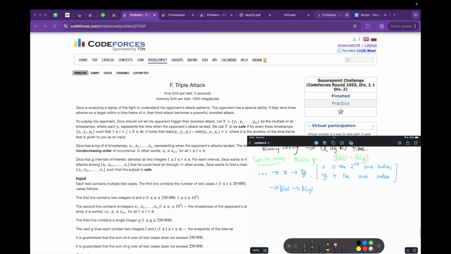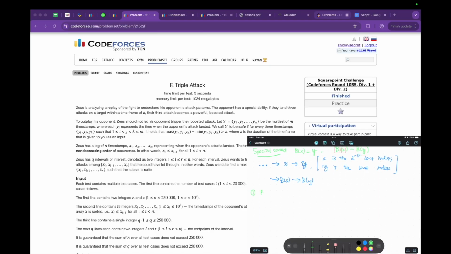So the first special case, bx equals y. If bx equals y, what would be our replacement sequence for this sequence? So it's no longer bx and by, right? Instead of bx and by, our sequence would look like that: x, y, and then this would be y plus 1. Okay, good. So what about the second special case?